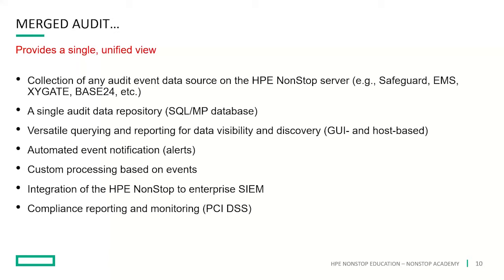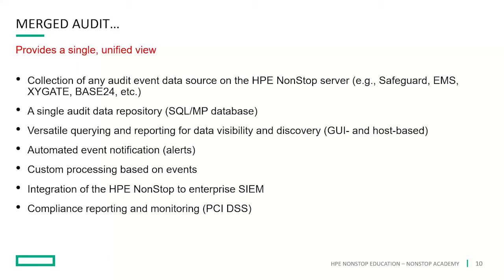We can do custom processing based on any event. No matter what comes through, we can filter and act on it. If you had an EMS event where the word daffodil came up in the middle of it, and that's a keyword for you, we can filter on that. If you need to know when an EMS subsystem, foo, and event number 1171 came through, we can trigger on that.